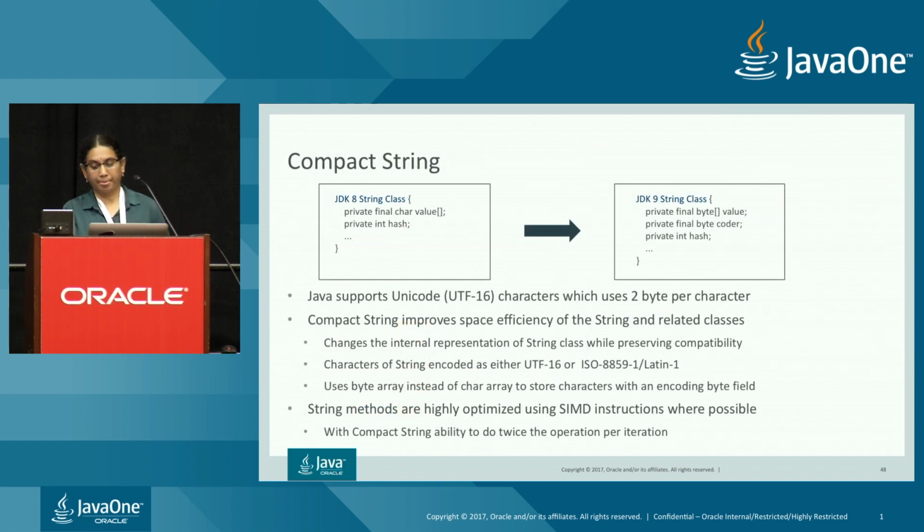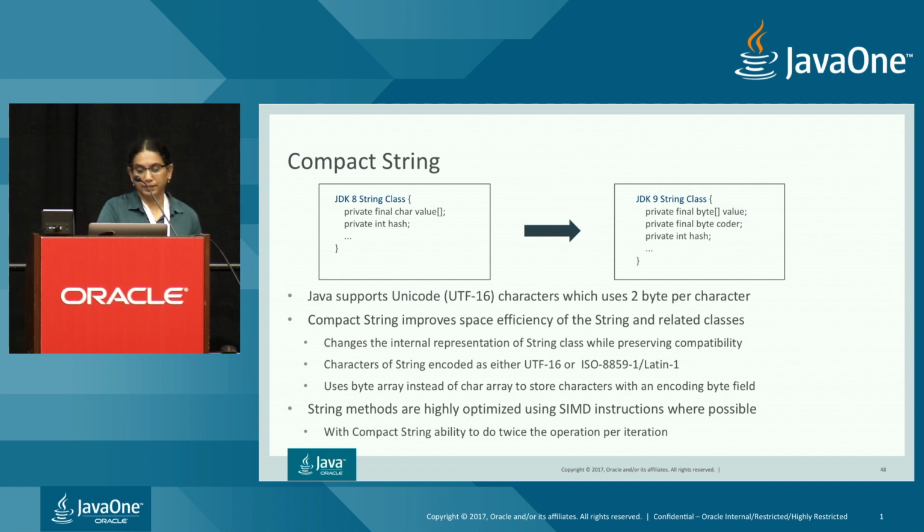In JDK 9, there is another feature introduced called compact strings. For this, we collaborated with Oracle: Charlie Hunt, Ziming Shen, Tobias Hartman, and many others. Basically, what compact strings does is try to use one-byte storage for the characters of a string. In Java, by default, Unicode characters are supported, that is, there are 2 bytes per character.